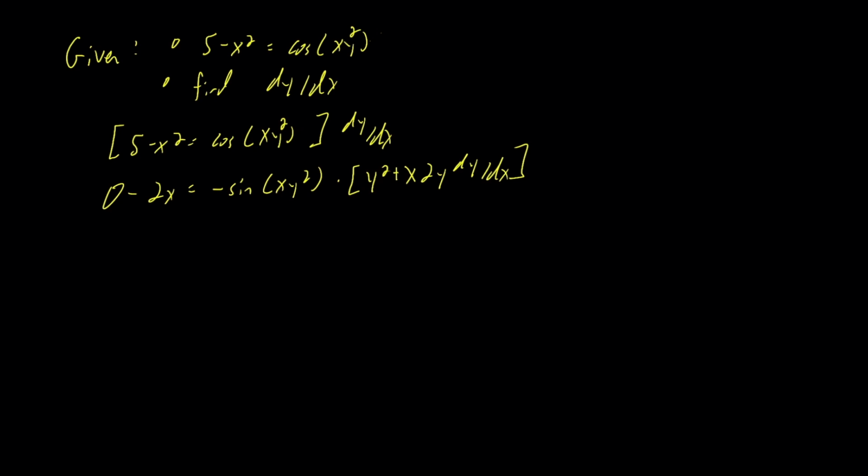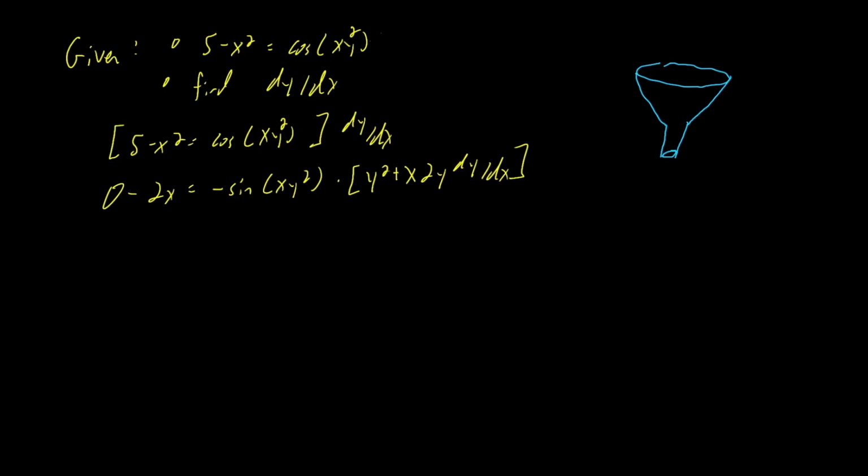we have to differentiate cosine of xy squared. To do this, think of applying the chain rule as a funnel. You start from the largest and you funnel it down to its smallest components.